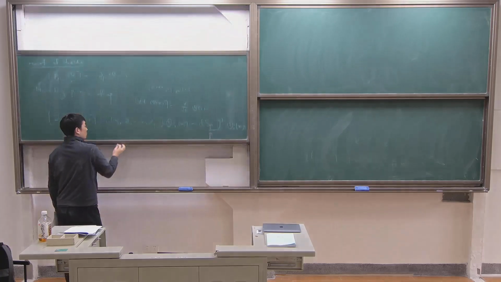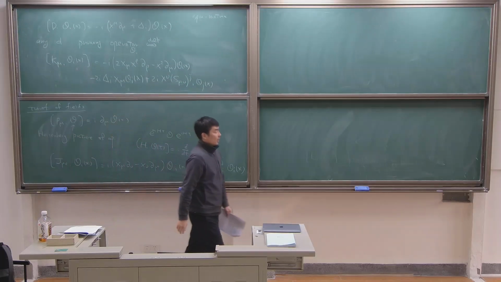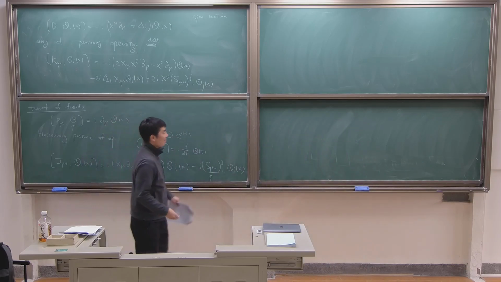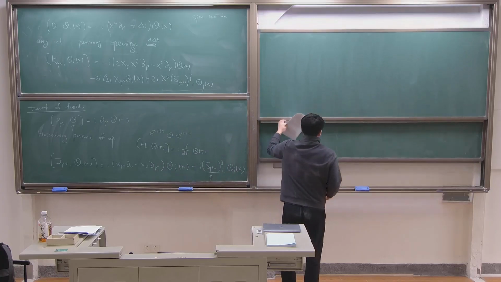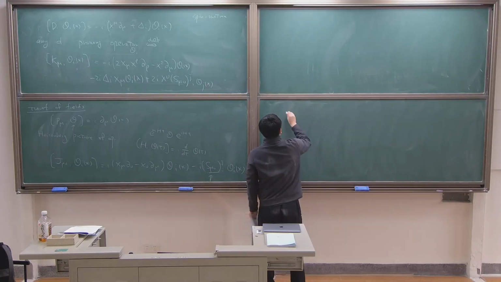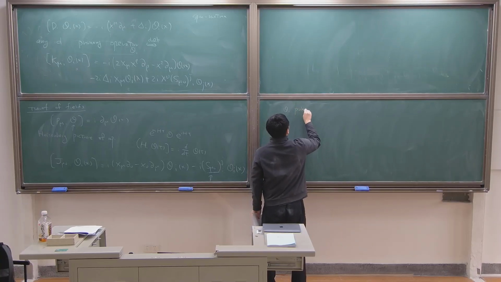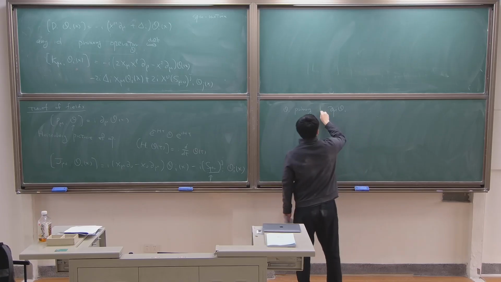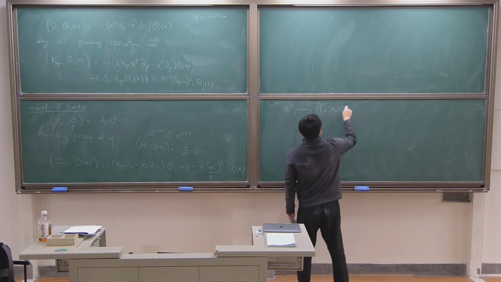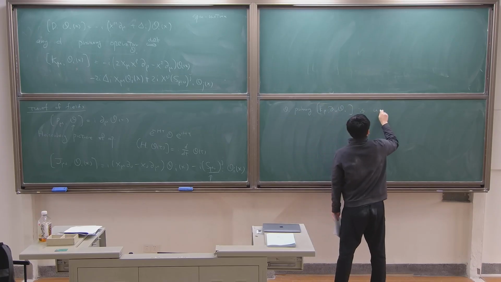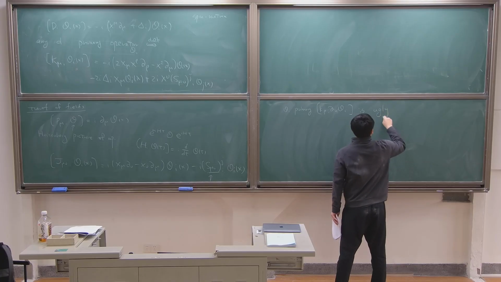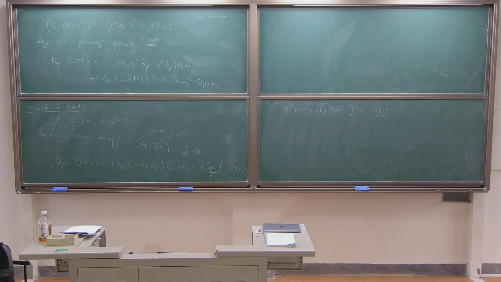Under the special conformal condition, if O_I is primary, then the action of K mu is given by this. For the descendants, the transformation rule is much more complicated.